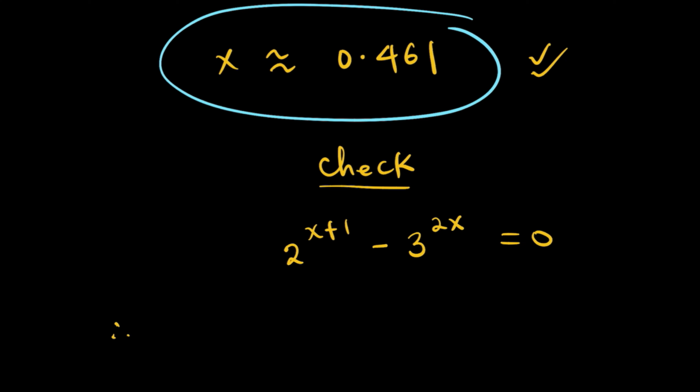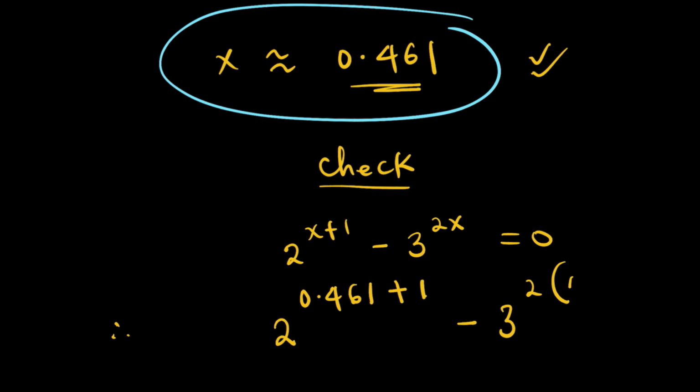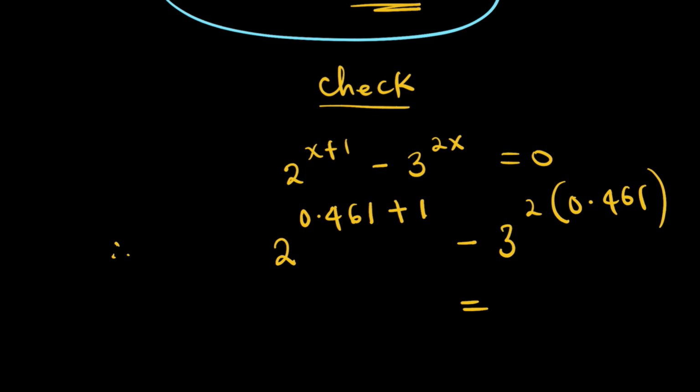Therefore, since x is 0.461, we now have 2 raised to power 0.461 plus 1, then minus 3 raised to power 2 into 0.461. This is expected to give us 0.